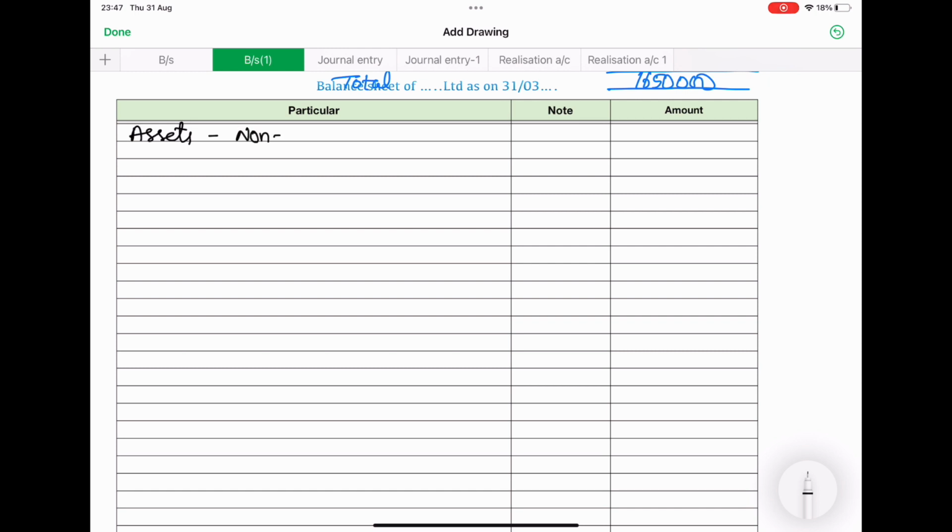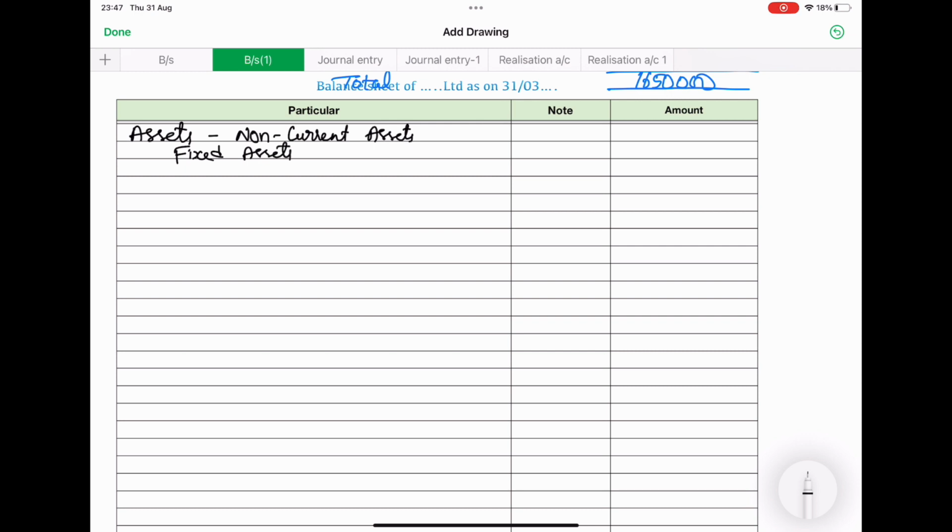Under non-current assets, we have two types: fixed, or we can call it tangible and intangible assets.